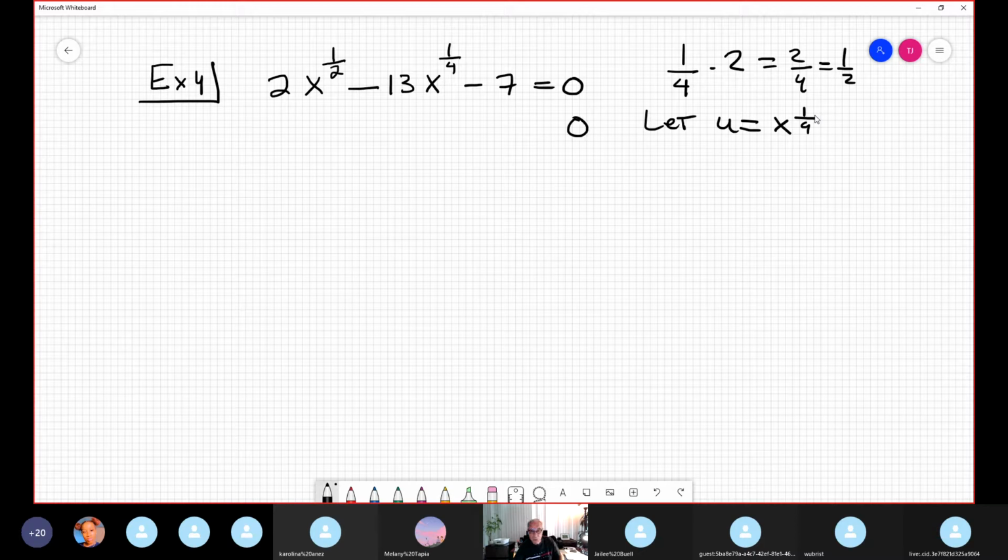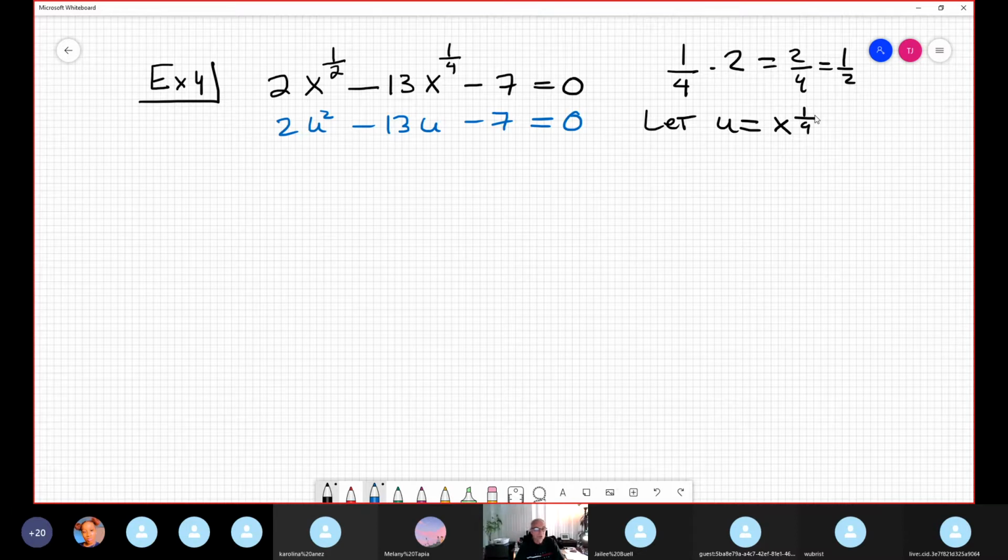Let me use blue color to emphasize the new equation. 0, just bring down, equal, bring down, negative 7, bring down, minus 13u, and this is 2u squared, because 1/2 is twice 1/4.